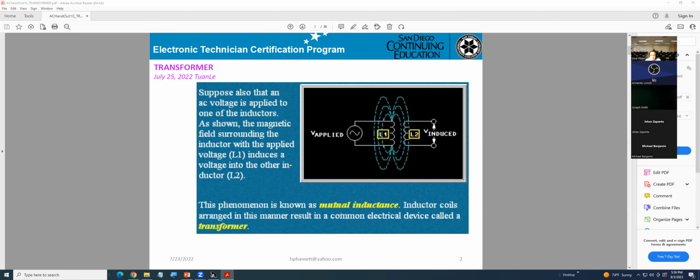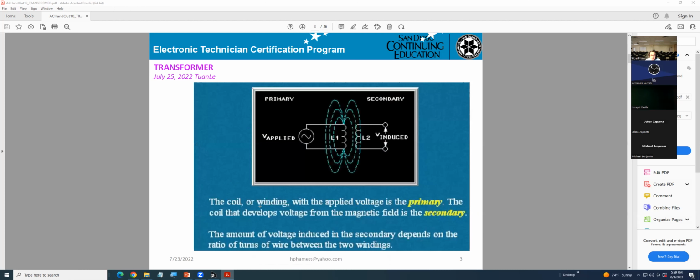The coil wound with the applied voltage is the primary. That means this side will be the primary and this side will be the secondary. The coil that develops voltage from the magnetic field is the secondary.